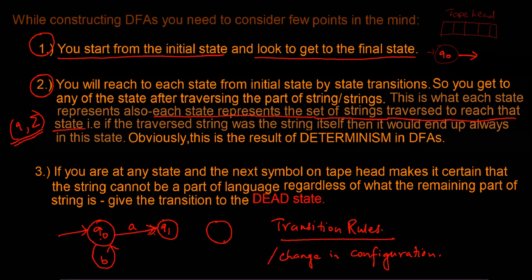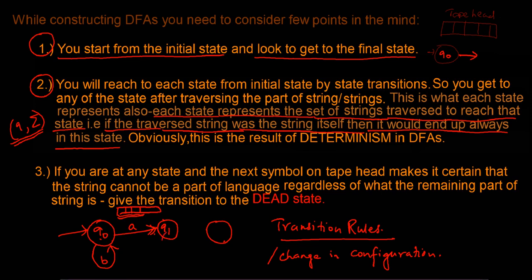If you are at state Q1, it means that you have come to Q1 following some transitions from the initial state. It means that you have traversed some strings in the input. So each state represents the set of strings traversed to reach that state. And if the traversed string was the string itself, then it would always end up in this state.